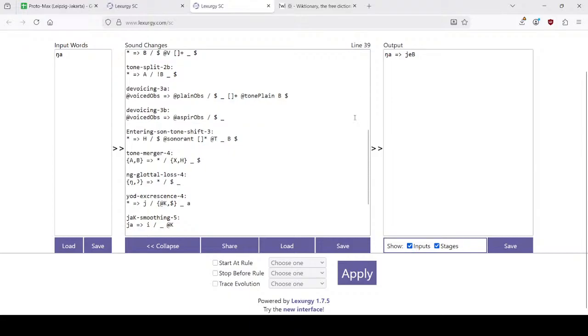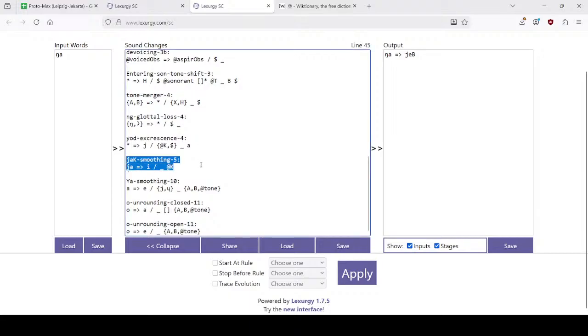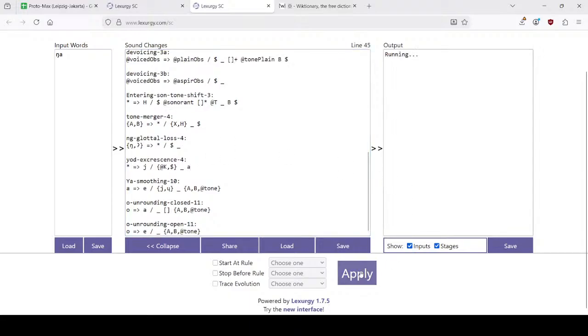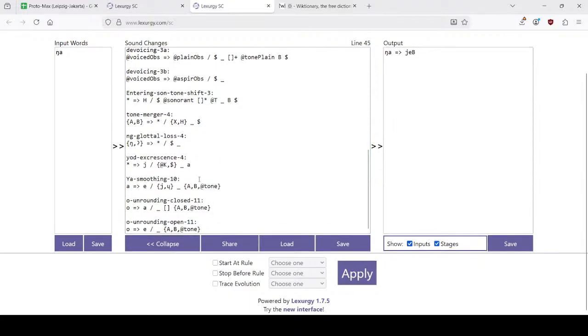because the yeah is applying its change a bit too early. So instead, yeah, I think this one is irrelevant. So let's just do that again. Yeah, smoothing has to happen after this then, right?